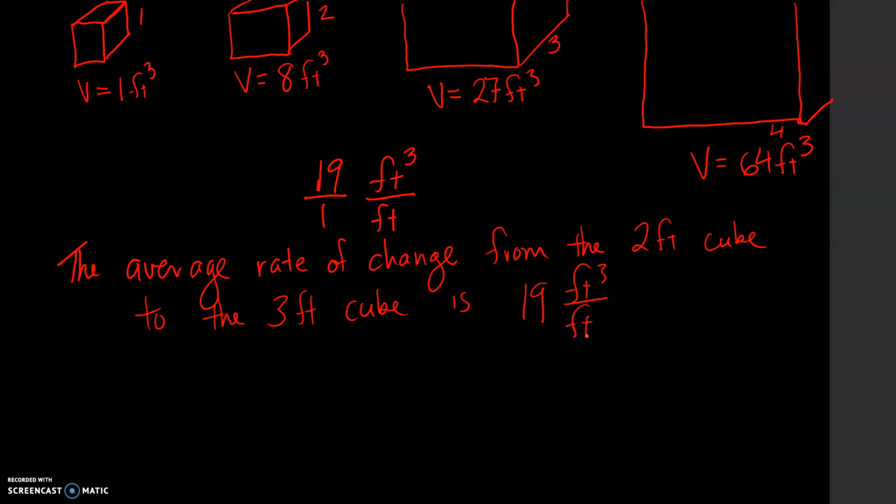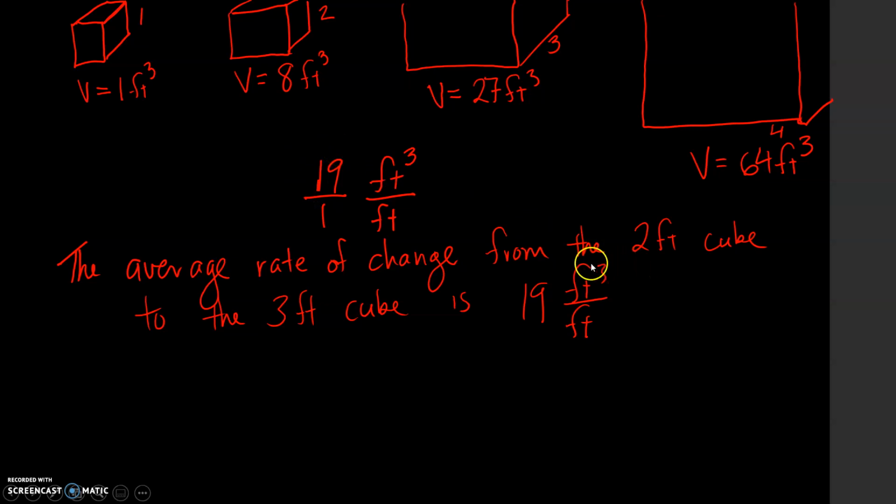And what we mean by that is, as we said before, if we start at the 2 foot cube and end at the 3 foot cube, we add 1 foot of side length to the cube and end up with an additional 19 cubic feet of volume.